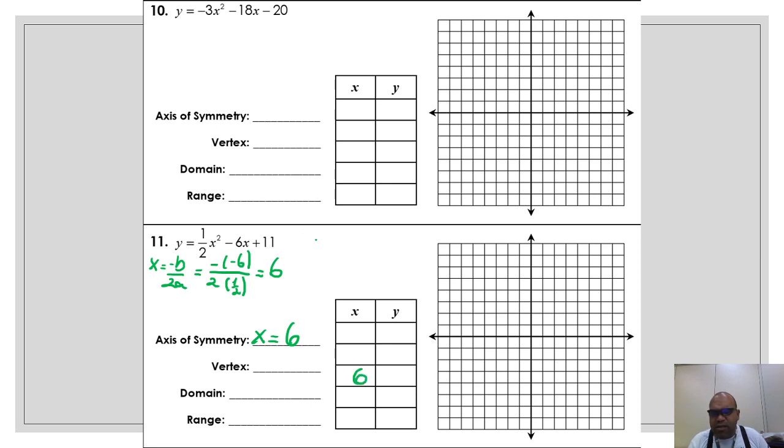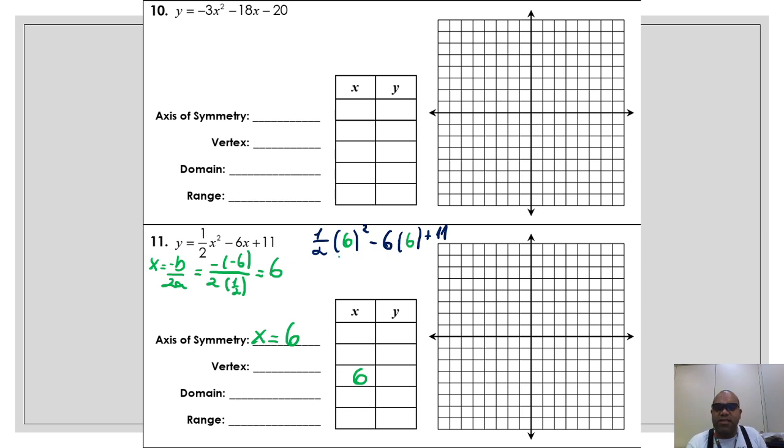I know my equation: it is a half x squared minus 6x plus 11. Let's solve right now. When x is 6, 6 squared is 36.